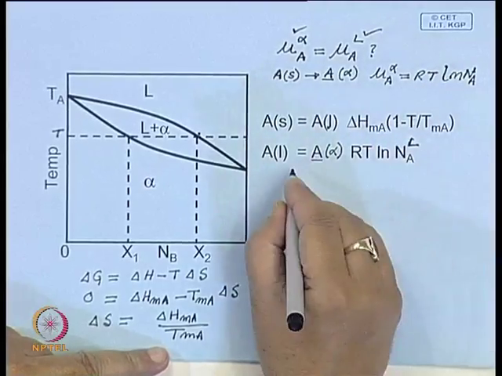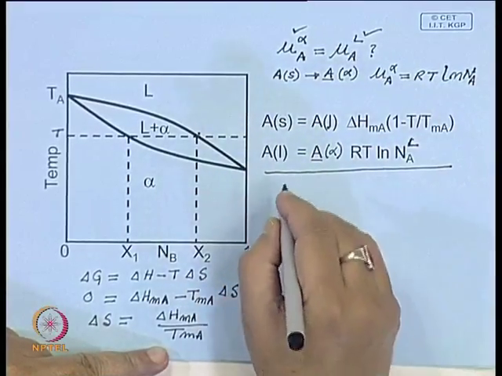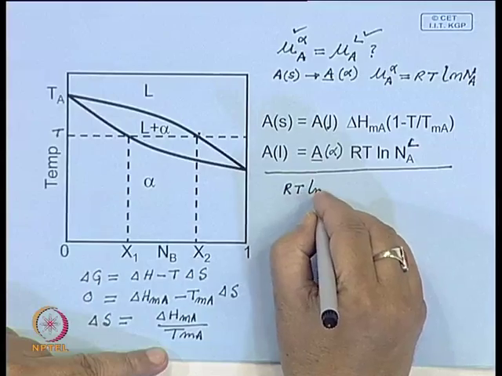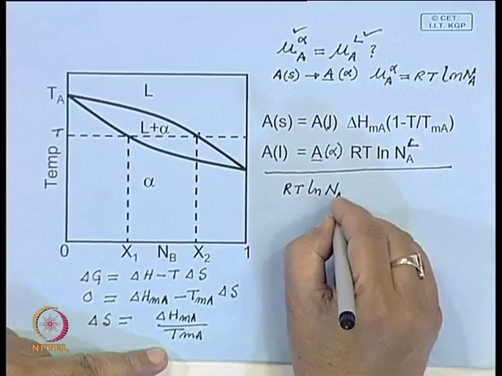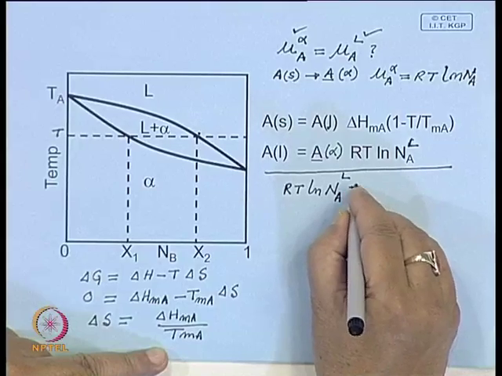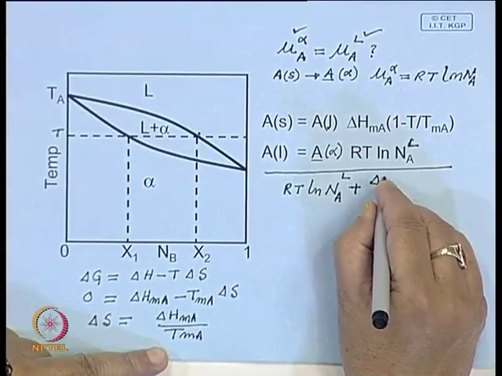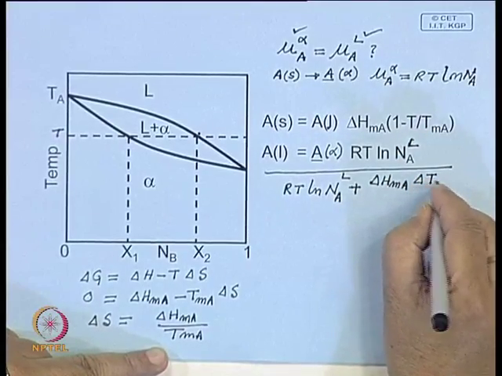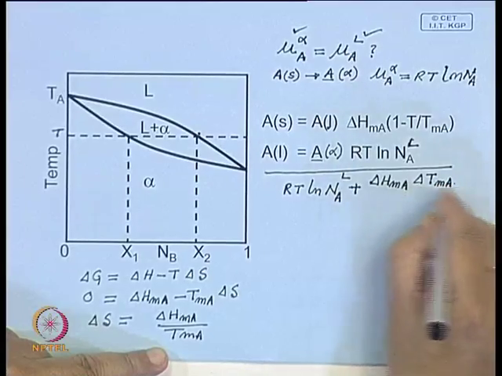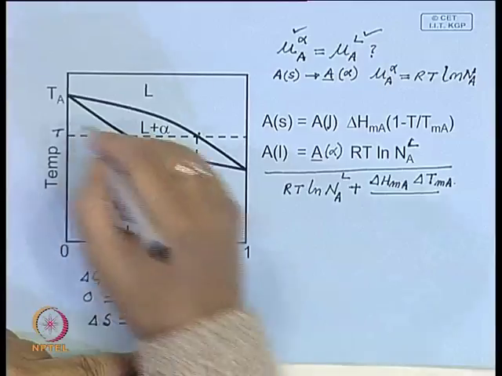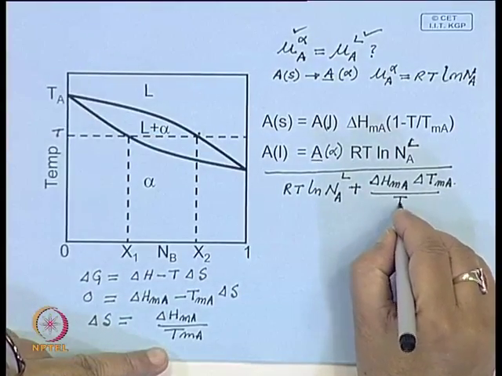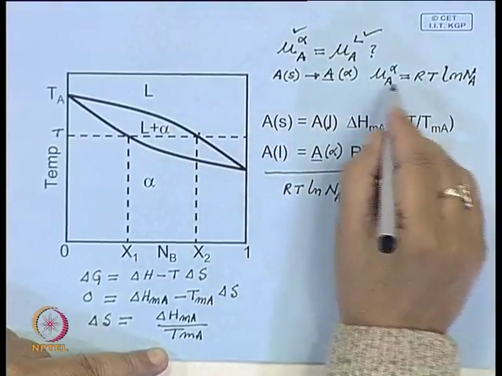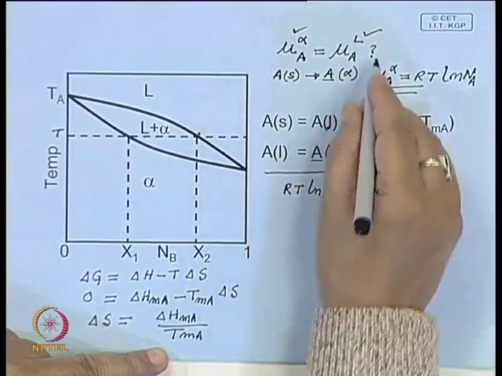Now, you add the two, then what you get is RT ln N A in L plus delta H m A, and this you can also write with delta T with reference to that melting point of A, the temperature difference from here to here, over the melting point. This we have found, this is mu A L.